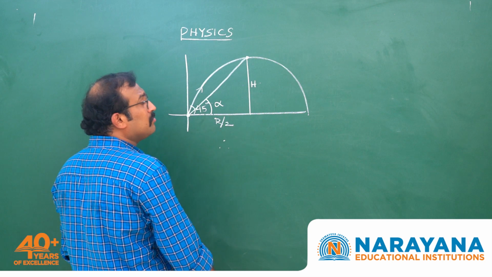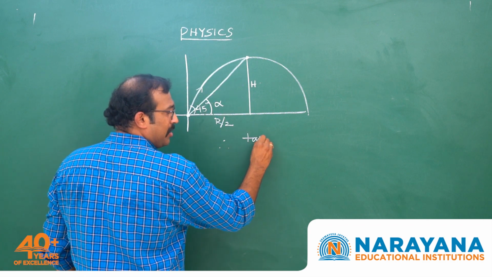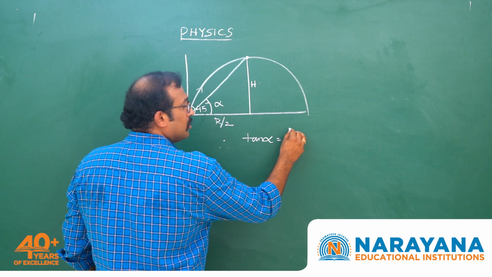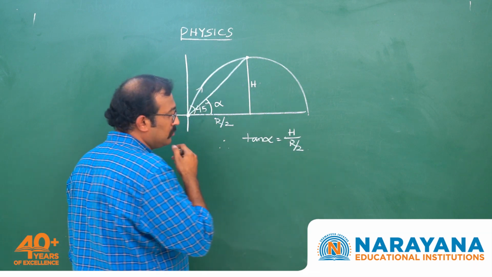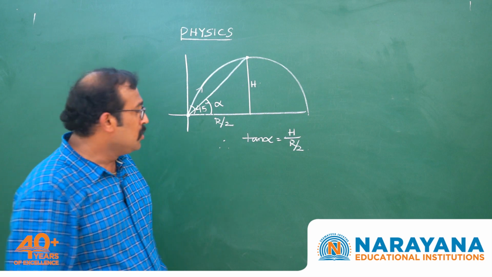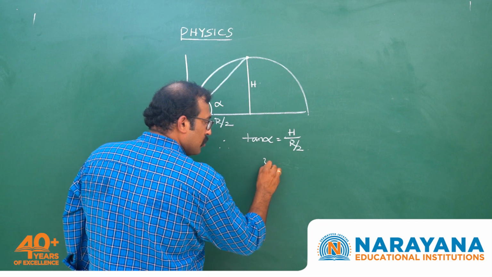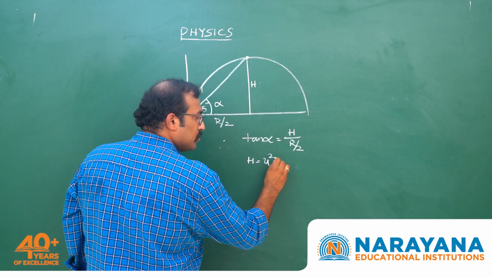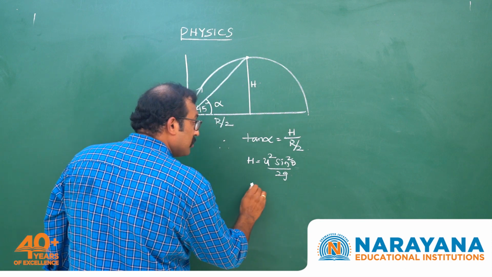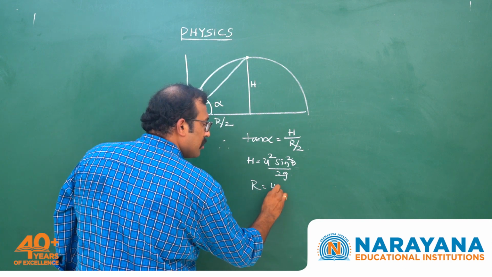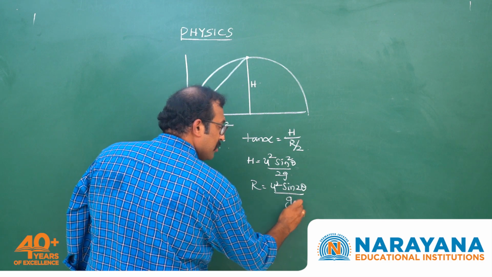Therefore, from the trigonometric condition we can write tan alpha is equal to H by R by 2. We know H is equal to u square sine square theta by 2g, and the range is u square sine 2 theta by g.